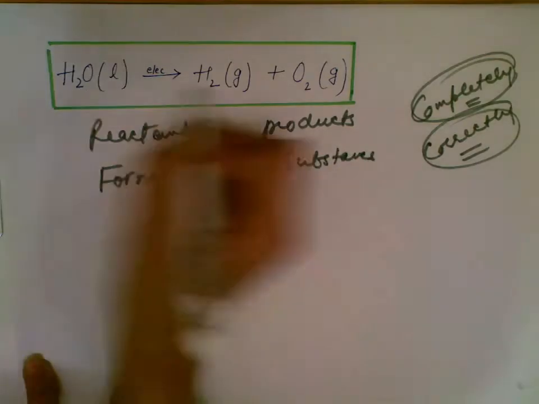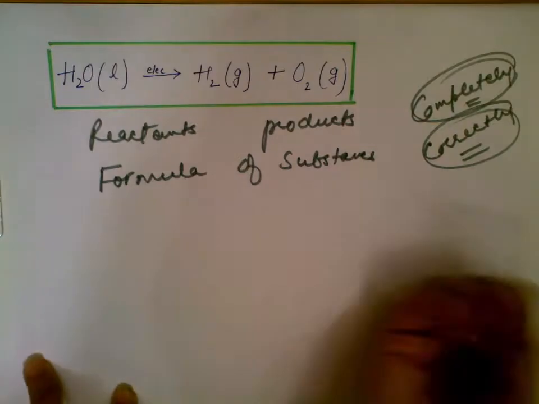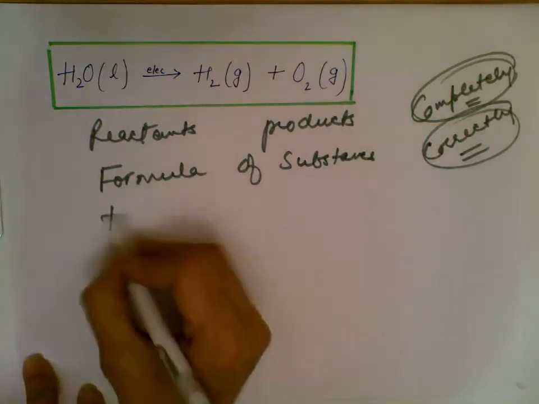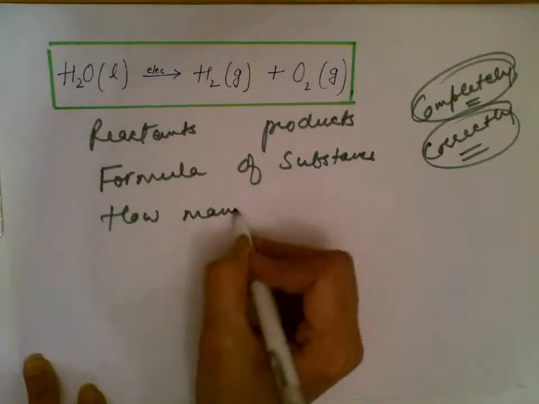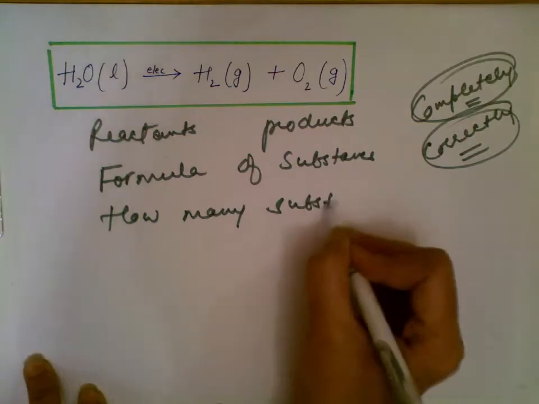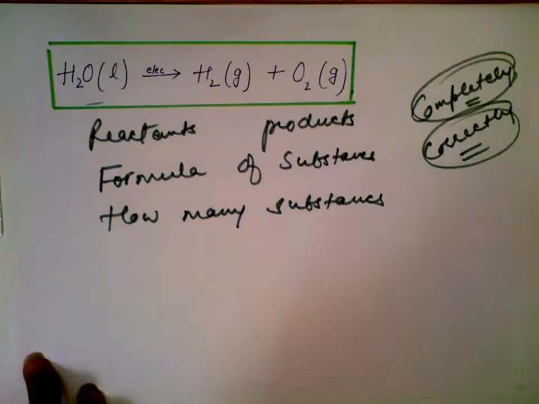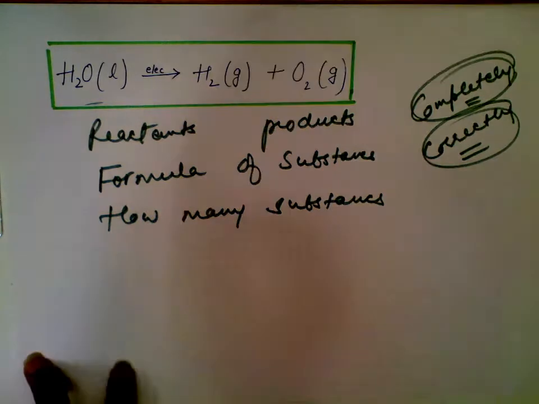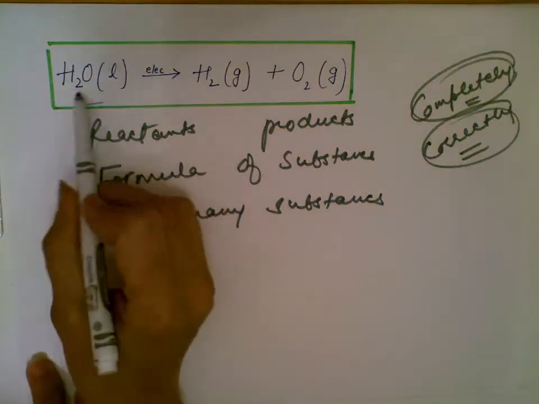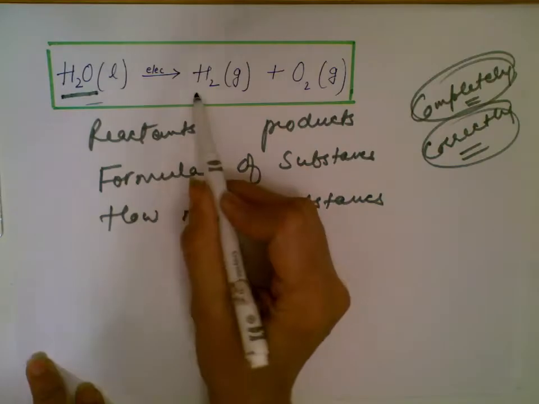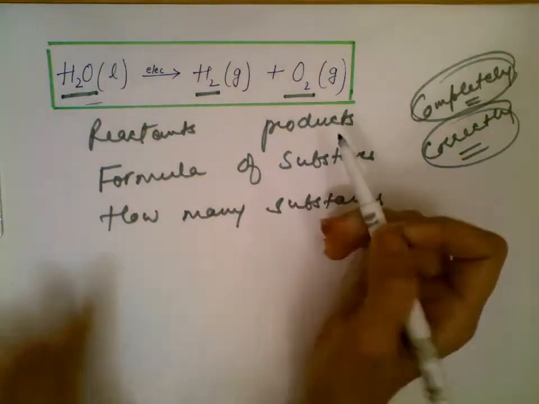How many substances are here? You can tell that as well. 1, 2, 3. 3 substances total. It can also tell you the number of atoms and the number of molecules. So here you have one substance here, another substance here, another substance here.